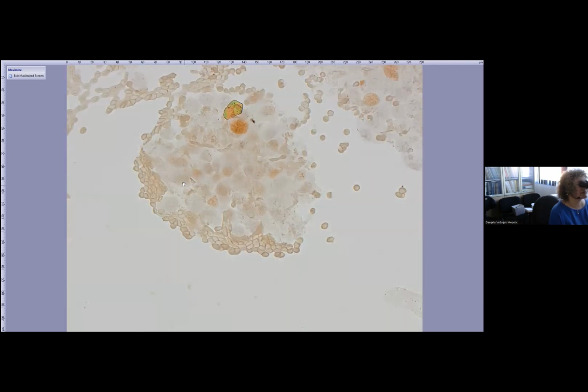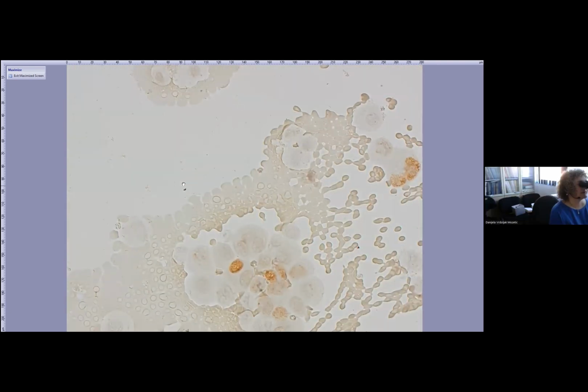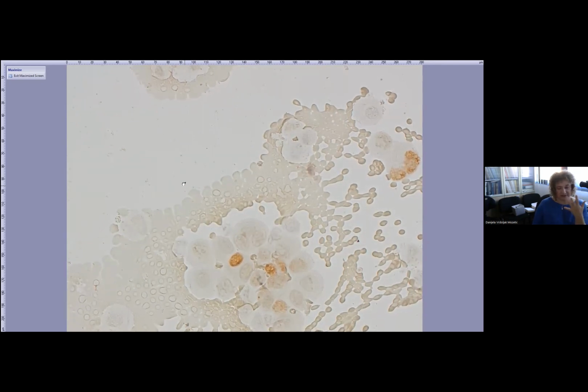A few cells are positive, and this was really the most important result for us. So we thought in the end that these strange cells could be fallopian tube epithelium that was shed in the peritoneal cavity.